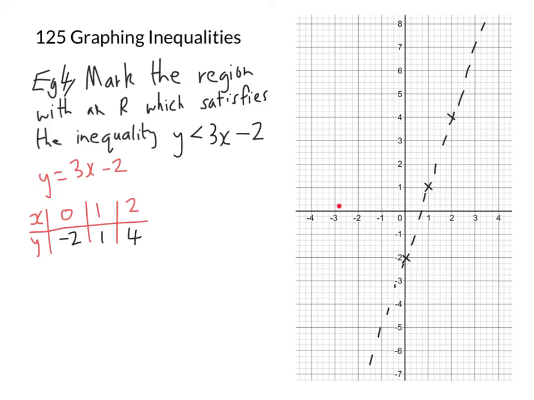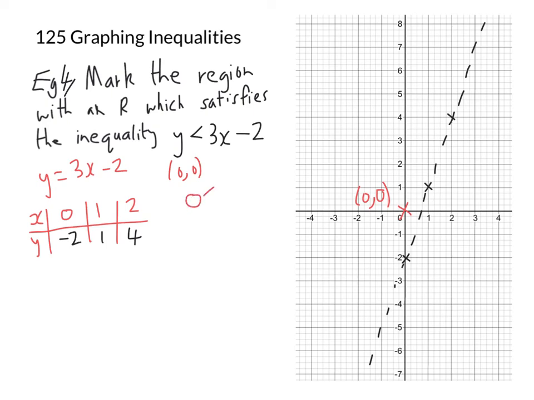Is it above the line or is it below the line? To do that, we need to pick a point. We pick the point 0, 0 to do a check. So I've already got the inequality written here, and I can just put 0, 0 into that inequality to check if it's the correct region or not.